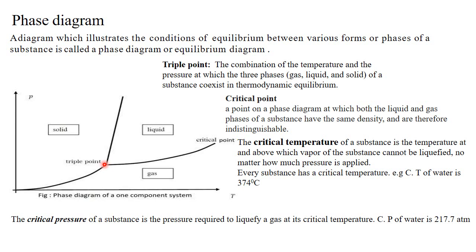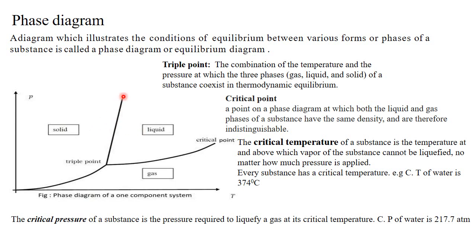The phase diagram consists of three lines. This is the one line, this is the second line, and this is the third line. The three lines are joining each other at this point. This point is the common of these three lines. This point is called triple point.